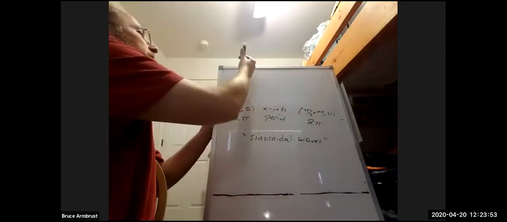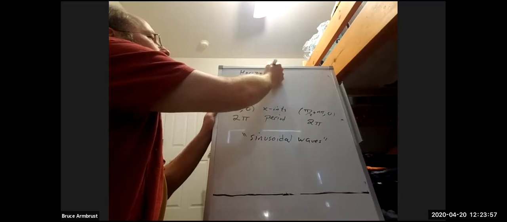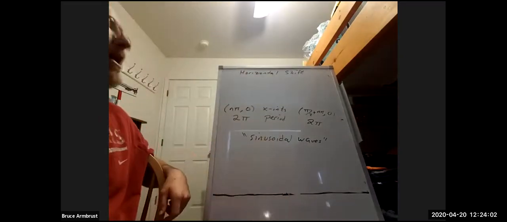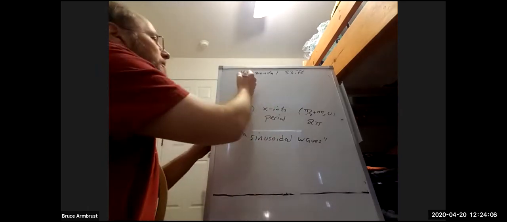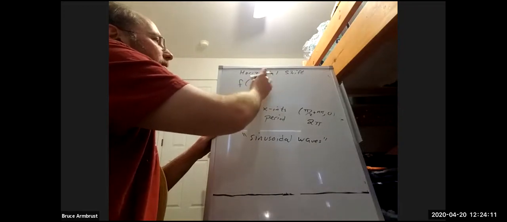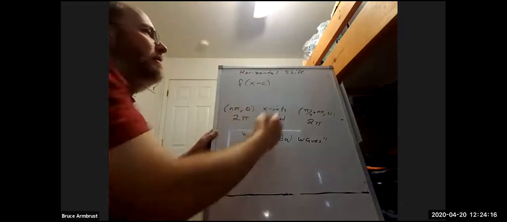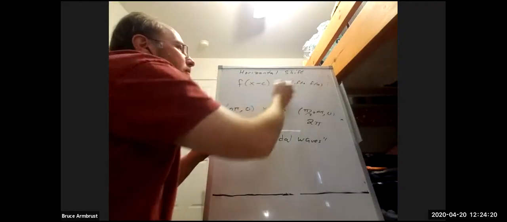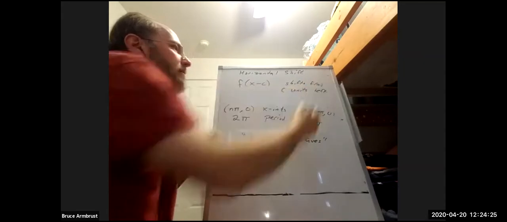Let me just start here. If you want to shift a function horizontally, you need to add or subtract a number on the inside of the function. So for example, if we take f of x, but instead put x minus c, this shifts f of x c units to the left.